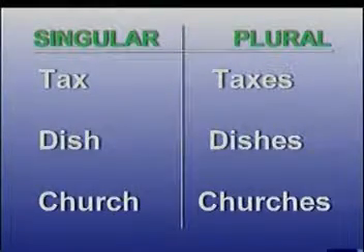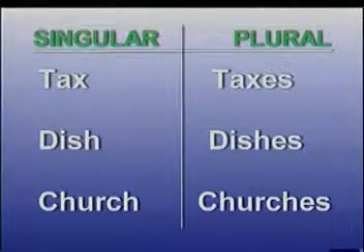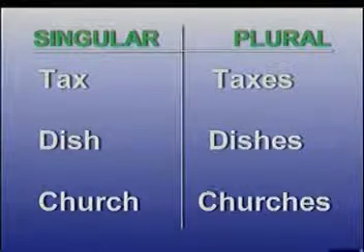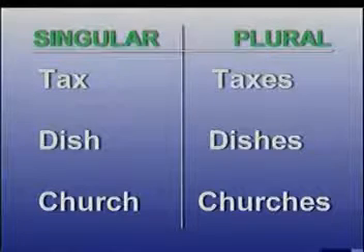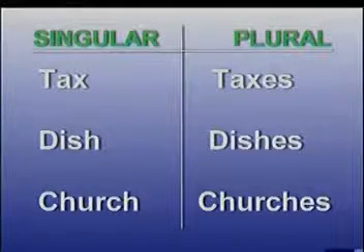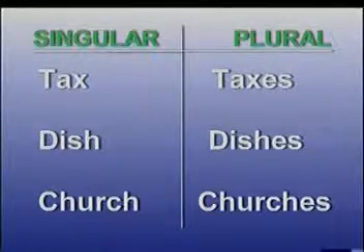Examples: tax, taxes; dish, dishes; church, churches.